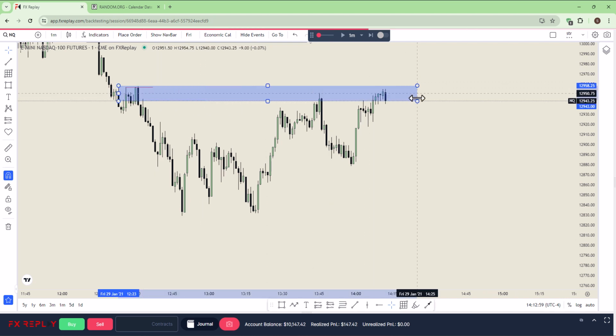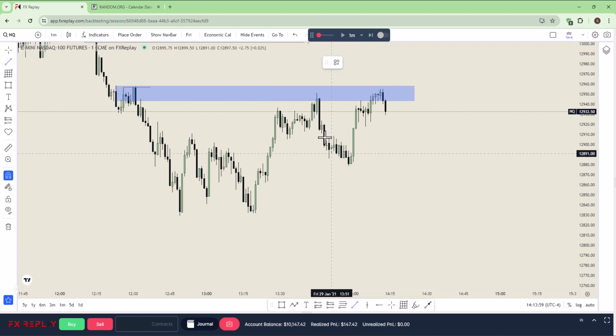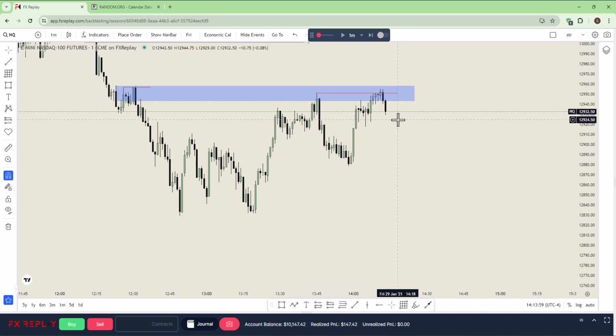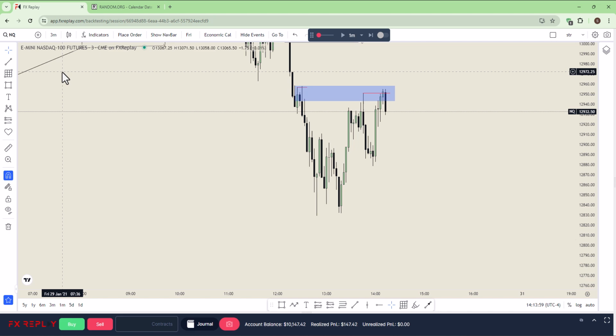We are still inside this zone. Do we have a sweep right here? On the 1 minute we don't have. On the 3 minute also we don't have that.